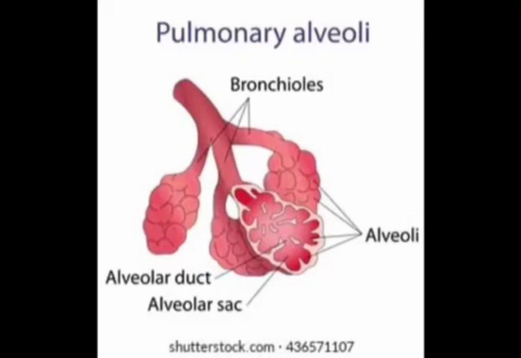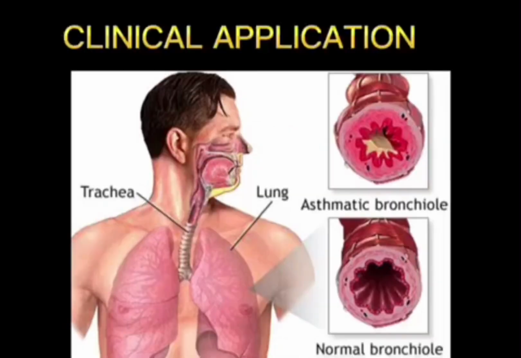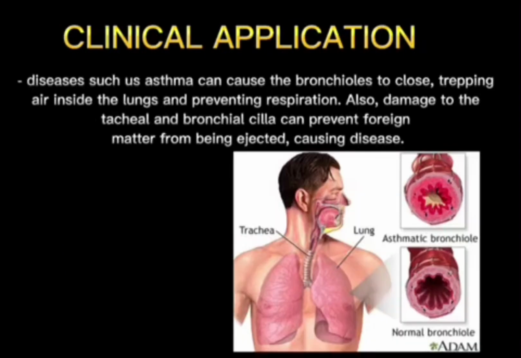Pulmonary ventilation is simply the movement of air. Pulmonary respiration is both the movement of air and the exchange of gases with the blood. Clinical application. Diseases such as asthma can cause the bronchioles to close, trapping air inside the lungs and preventing respiration.